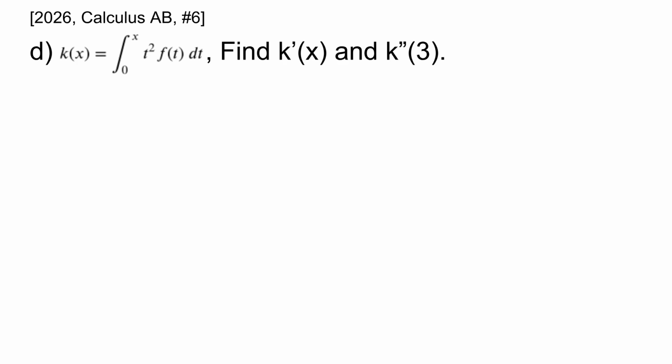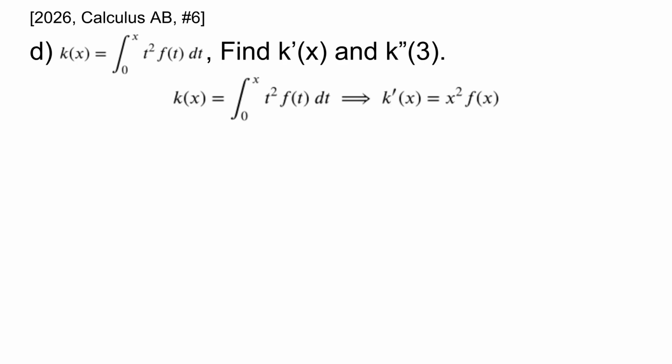In part D of this question, we define the function k of x to be the integral from 0 to x of t squared times f of t dt, and we are asked to find k prime of x and k double prime of 3.